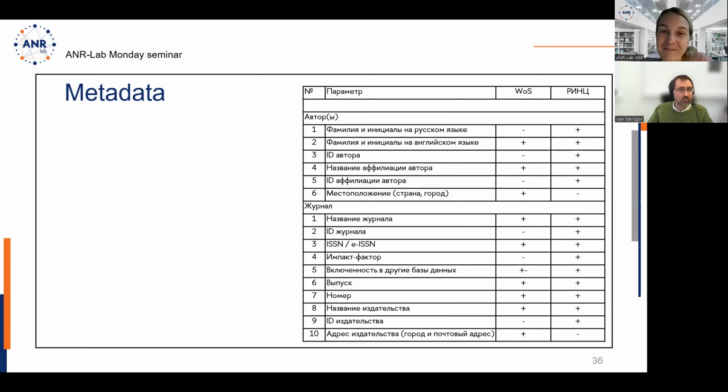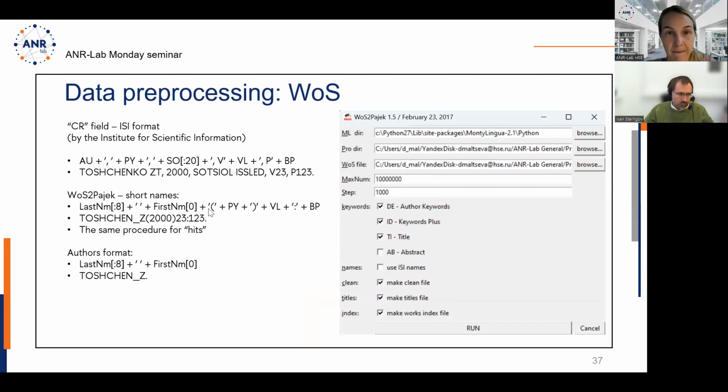It was only partially a benefit. And then talking about journals, again, you can see we have a lot of different information, but even so, for the Russian database we have a bit more kinds of metadata for journals.